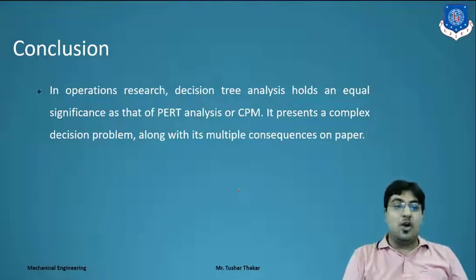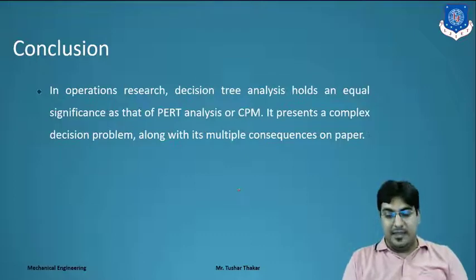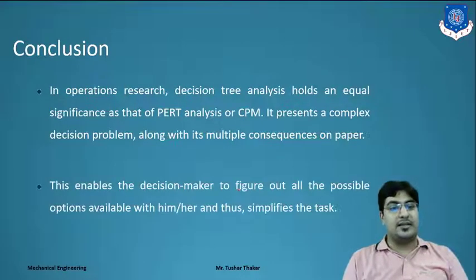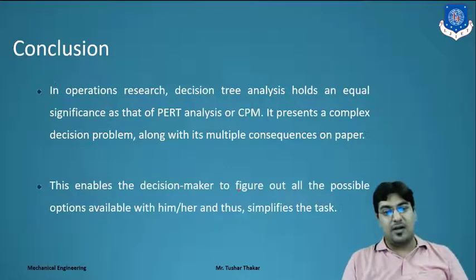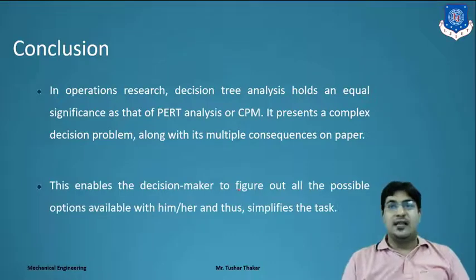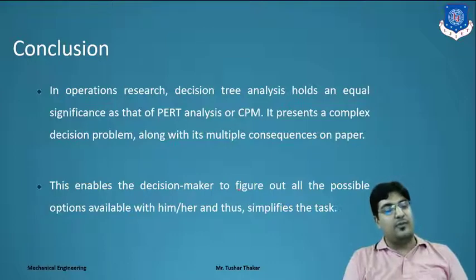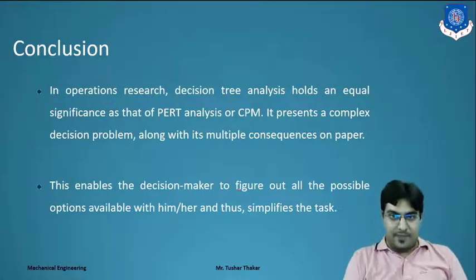A decision tree presents a complex decision problem along with multiple consequences on paper, and it enables the decision maker to figure out all the possible options available and thus simplifies the task. These are the basics of the decision tree, and we completed this chapter.